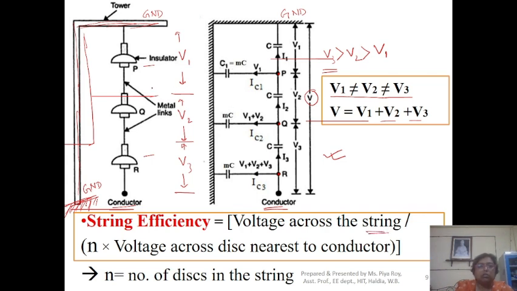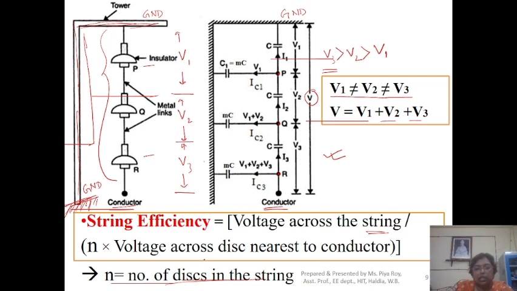This is divided by n, the number of discs in the string. Here in this example we have three discs or three insulators, so the number of discs is 3.